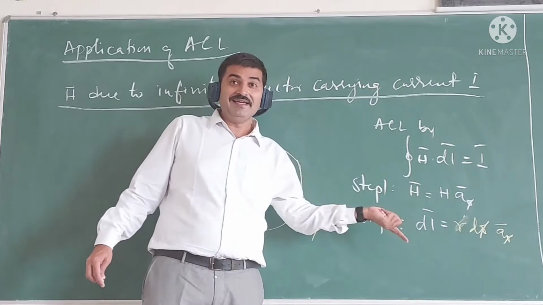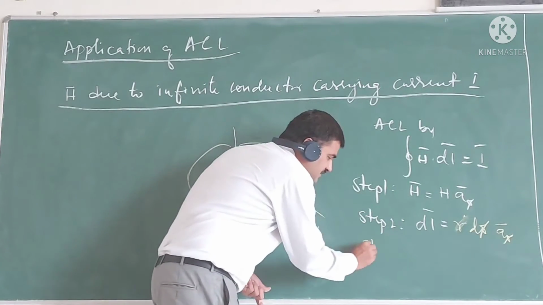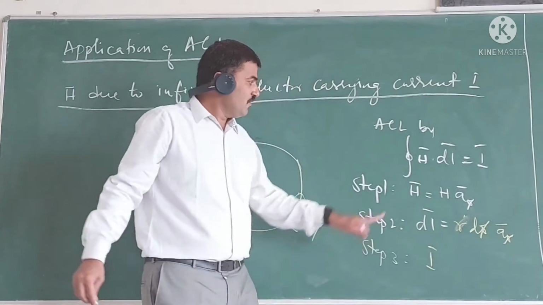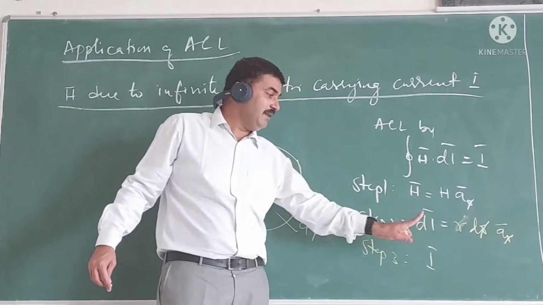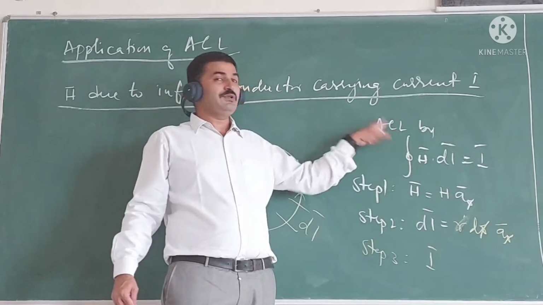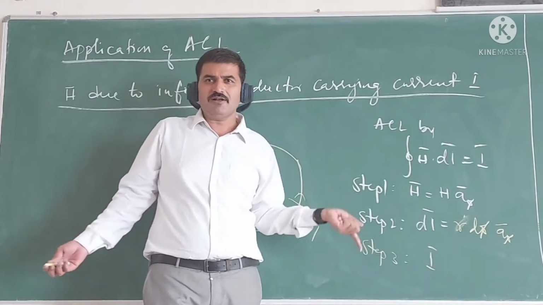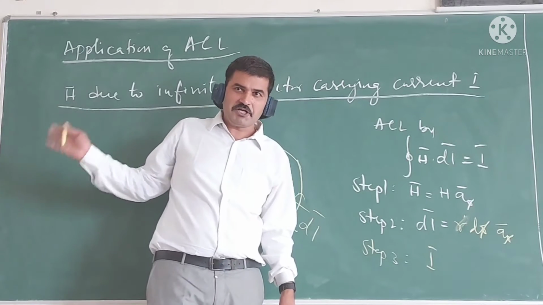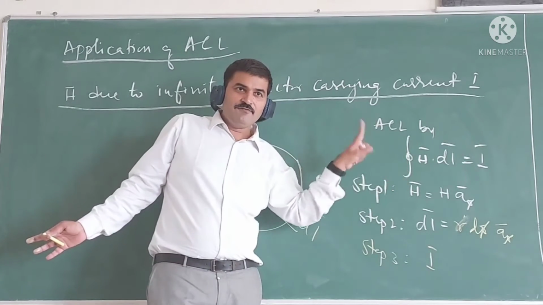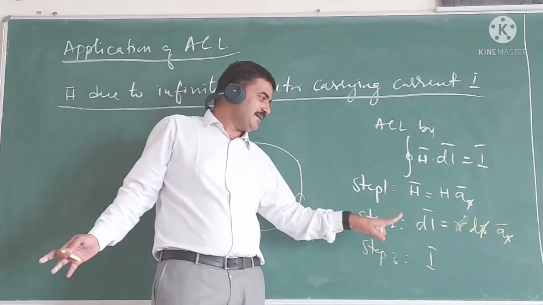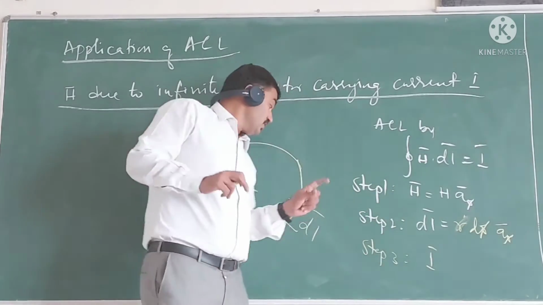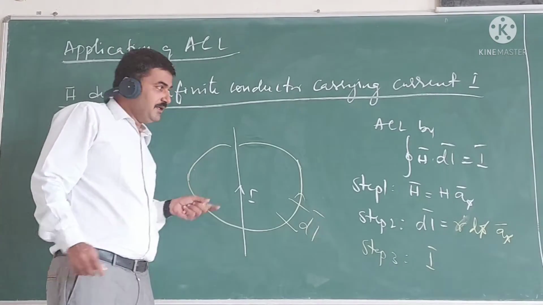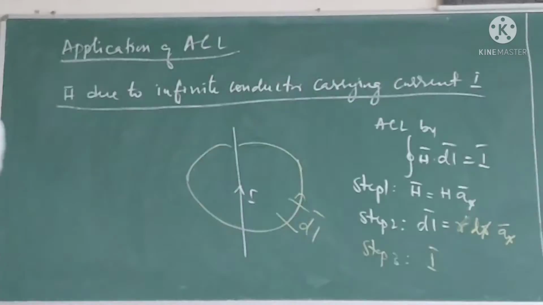Then step 3 is you need to find the current. Find H bar, find dL, find the current and substitute in this equation. That's all. Substitute and simplify. Is it simple compared to even Gauss law? Find H bar, find dL bar depending upon the arrangement, and find the current enclosed within this Amperian path.